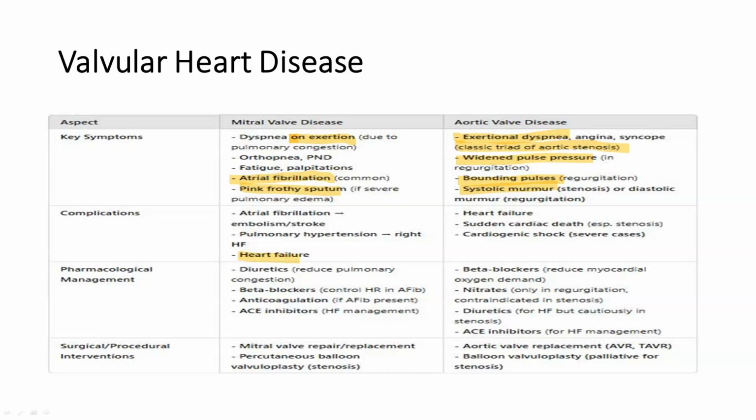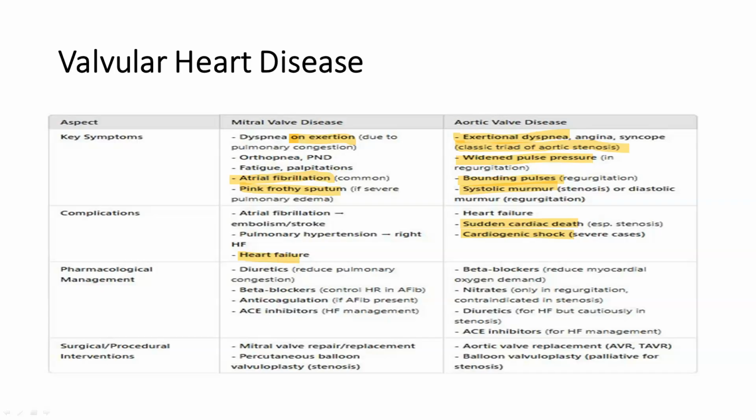You can see it's much more severe with an aortic stenosis. I could move all of these complications of mitral valve disease over into our aortic valve complications, and it would still fit that criteria.